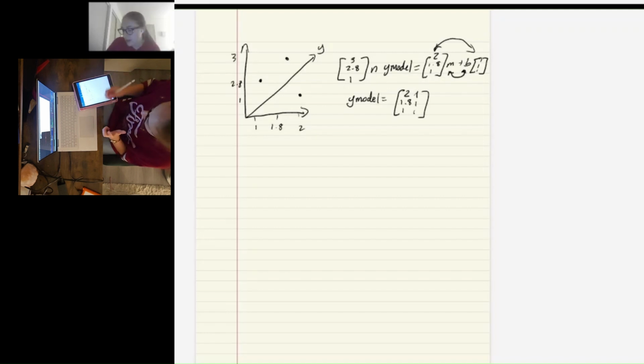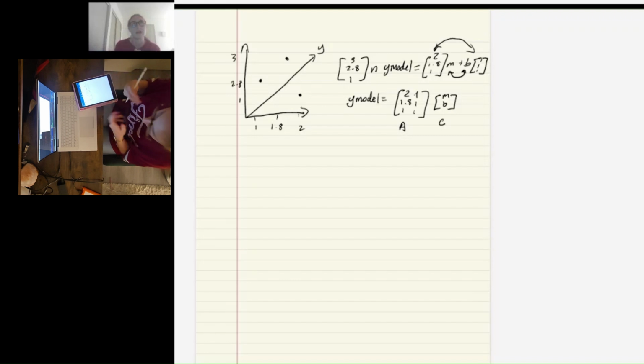So then we have m and then b, and from this we can see that this is going to be called our A, because this is our design matrix, and then this is our C. This is our base vectors of our coefficient. So we have our y model.